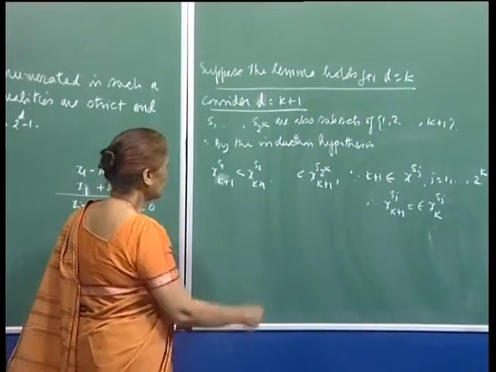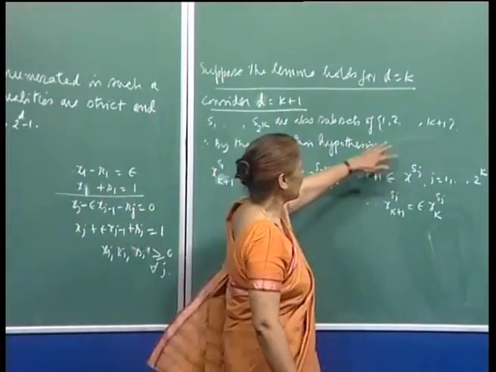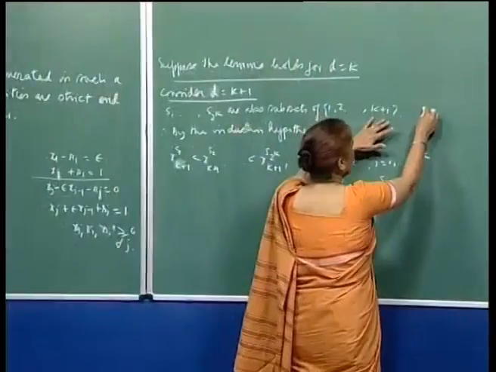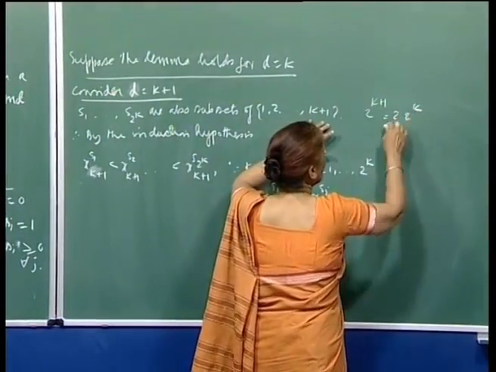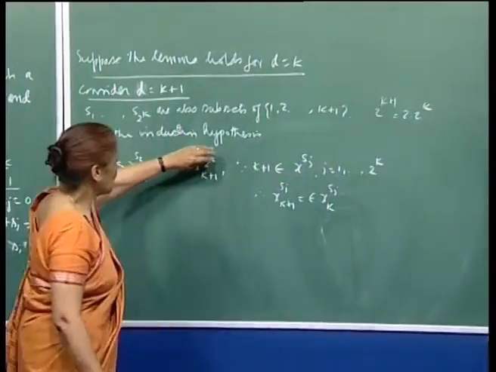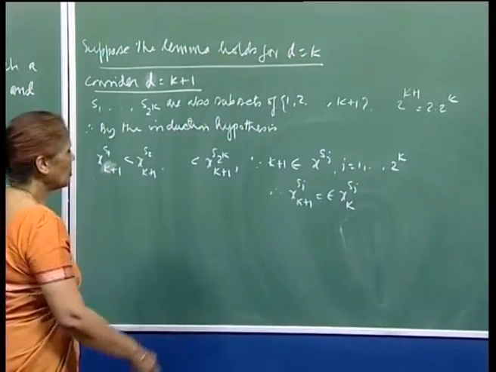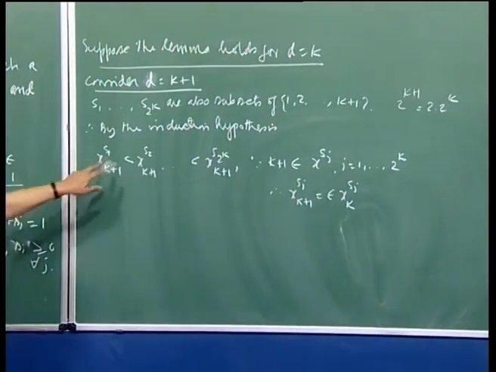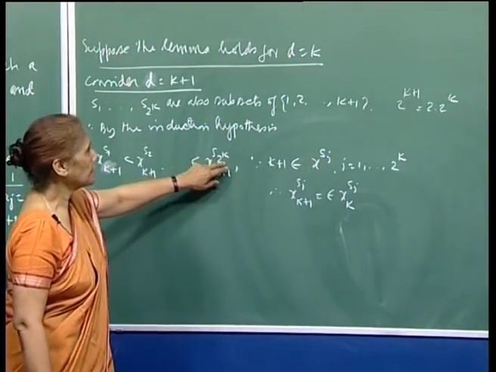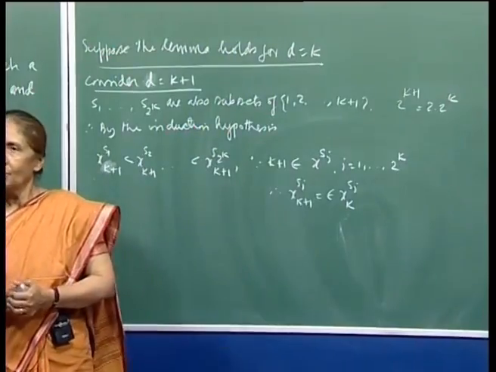Now, let us consider, because we must have 2 raised to k more sets. See, the number of sets for k plus 1 is twice 2 raised to k. So, I have already taken care of 2 raised to k subsets. Now, you need more. So, obviously, you are going to add k plus 1 to each one of them, right. So, these 2 raised to k subsets you have, and to each of them you will add k plus 1.